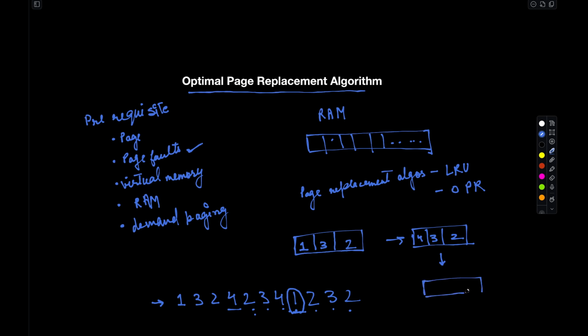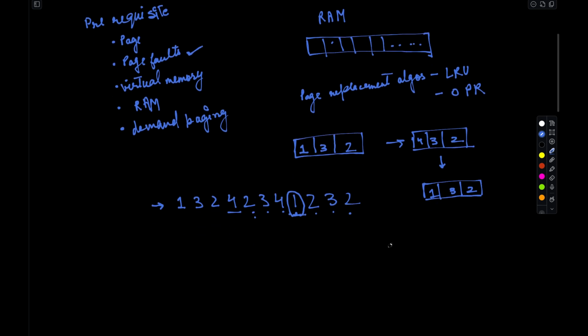So since we see 4 is not even being used in the future, we replace 4 with 1. We again get 1 3 and 2. Then 3 again, and then we have 4.